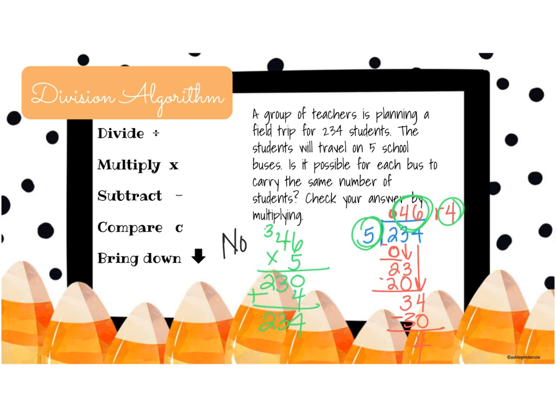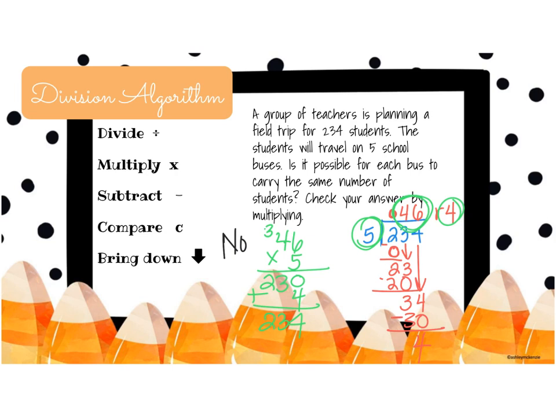And that's kind of what I did. I did 23 times 5. Did you do 5 times 20 to get 100, and then 5 times 3 to get 15, and then you got 115? Yeah.